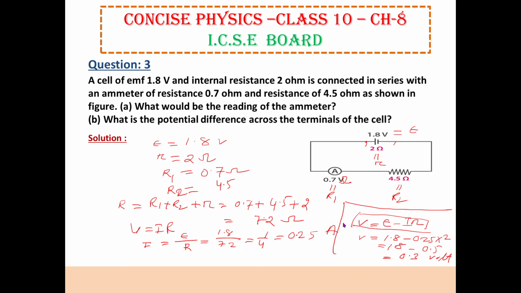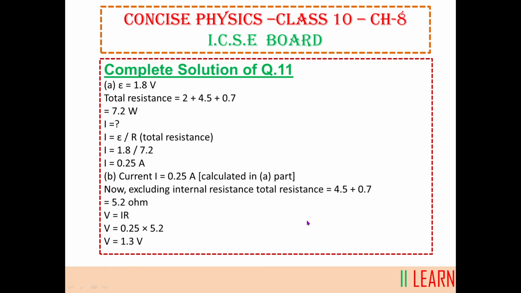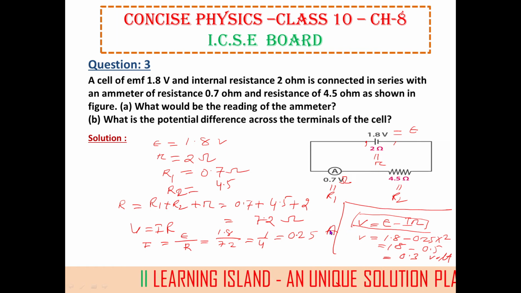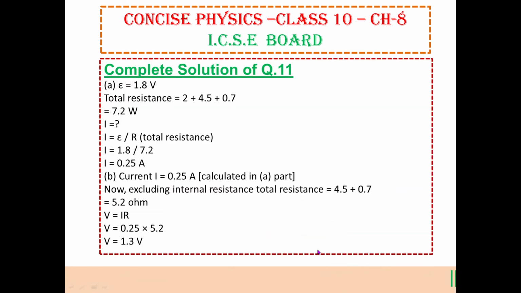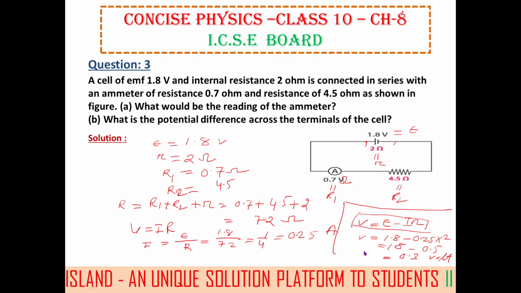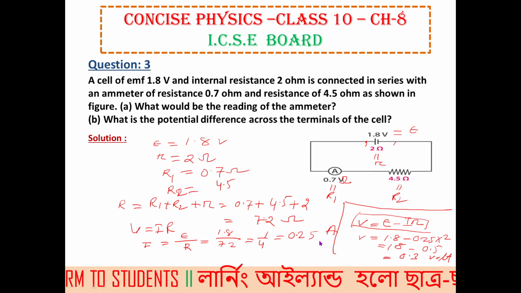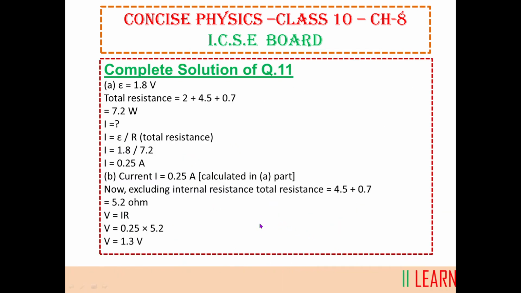Let us see the final answer here. I think there is some mistake. It will actually be 1.3, because if I deduct 0.5 from 1.8, I will get 1.3. So please write it down.